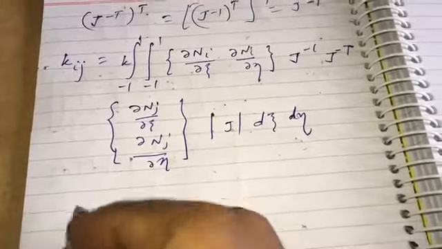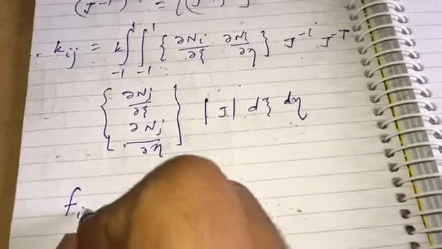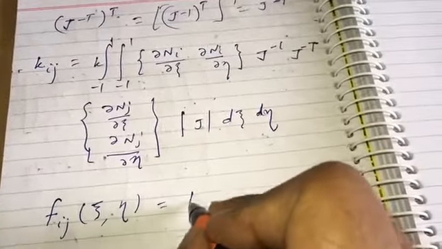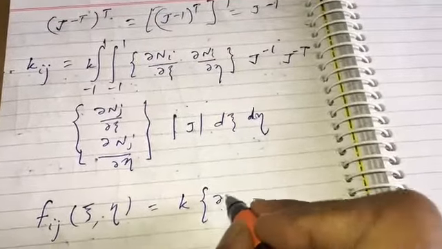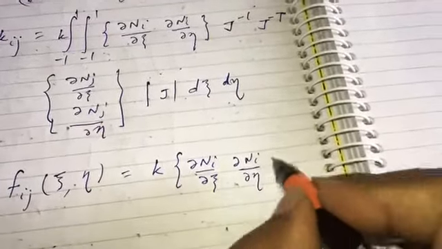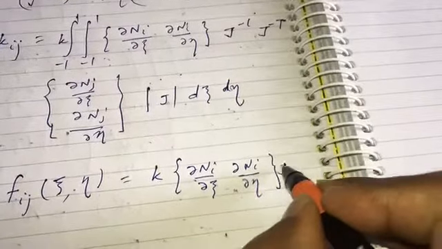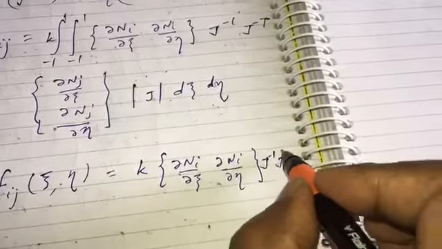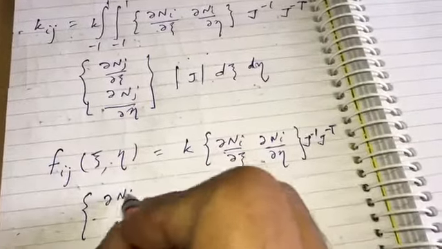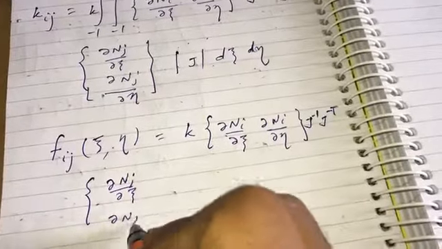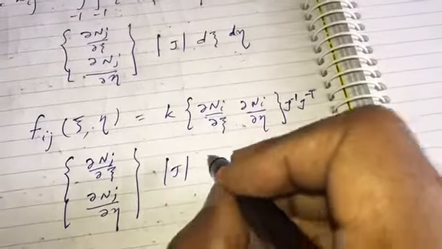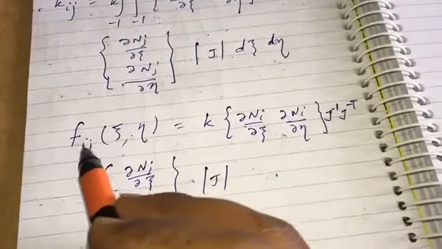So let us assume Fij of xi, eta is equal to k multiplied by del Ni over del xi and del Ni over del eta, then J inverse, transpose, then del Nj over del xi, del Nj over del eta, then the determinant of J. The whole thing let us call Fij.